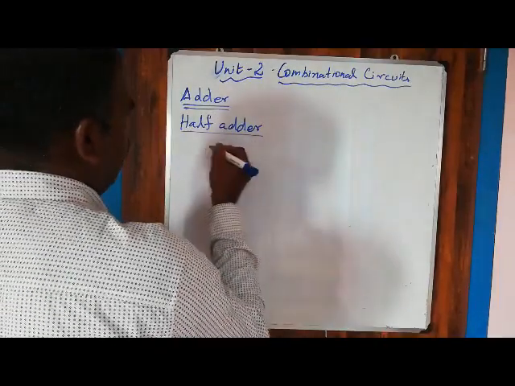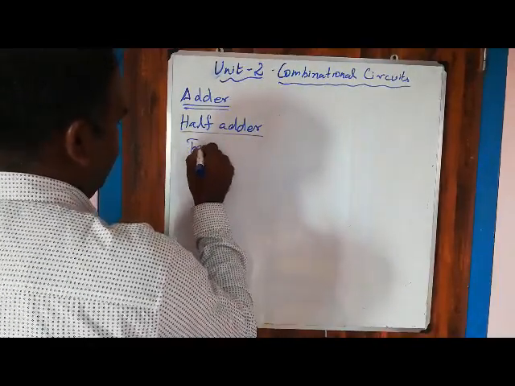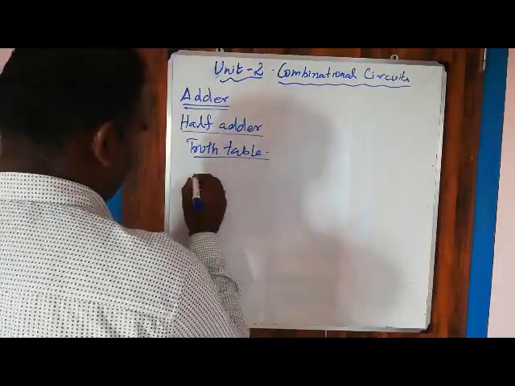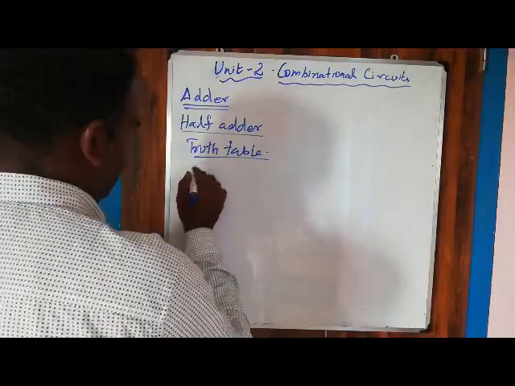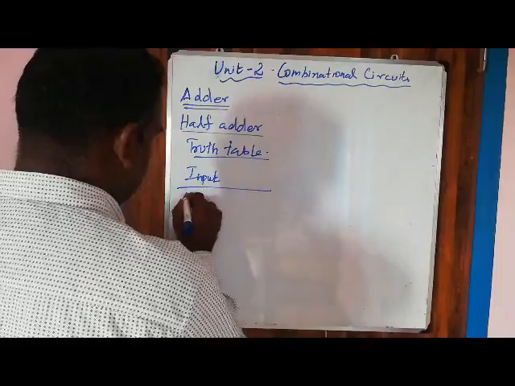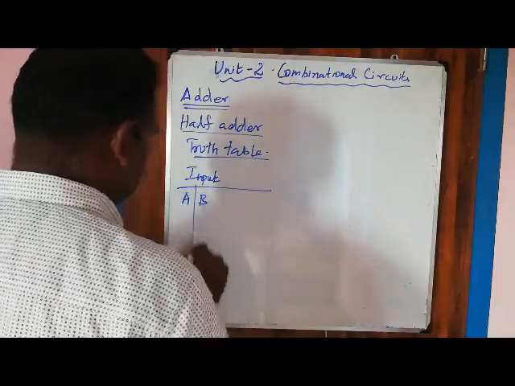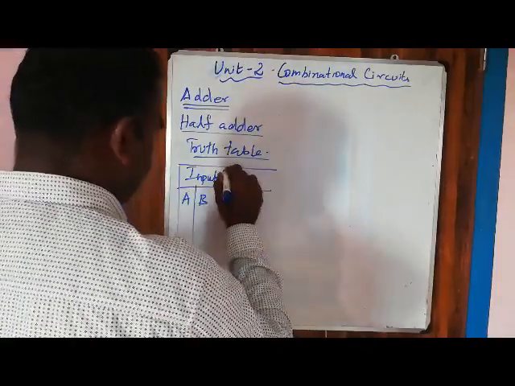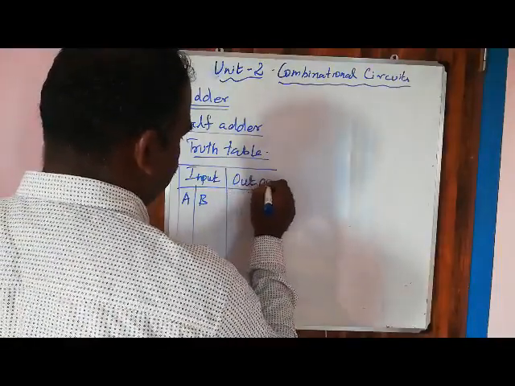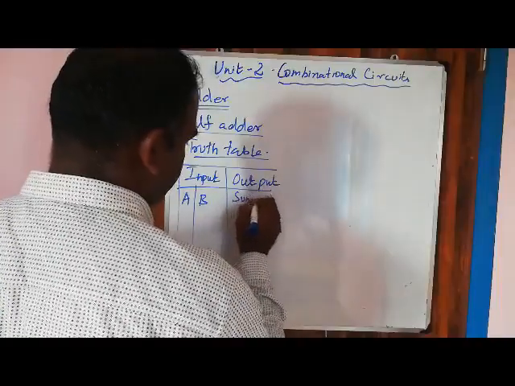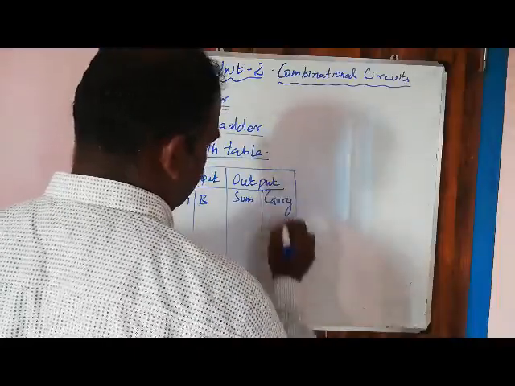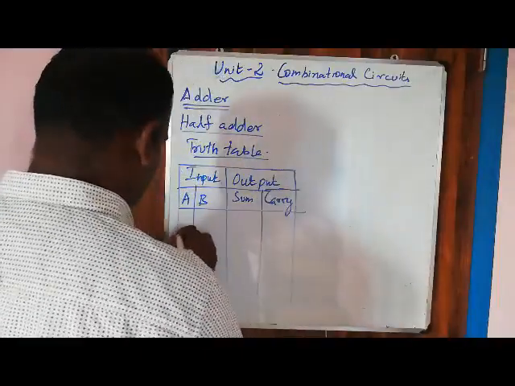Half adder. The truth table for half adder is, A, B are input, and sum and carry are output.